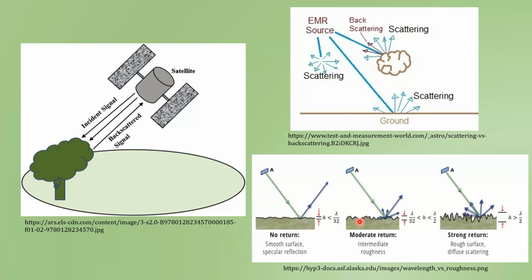But if there is intermediate roughness, there will be some amount of backscattering, so the sensor will receive a moderate amount of return. But when the surface is very rough, there is diffuse scattering, meaning reflection in all directions, so the sensor will receive a strong return of the backscattered signal.